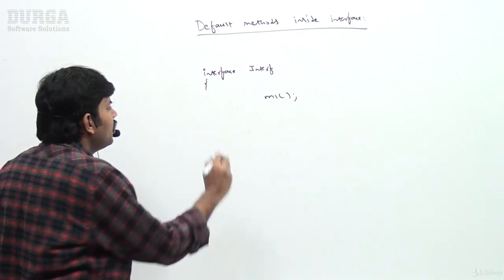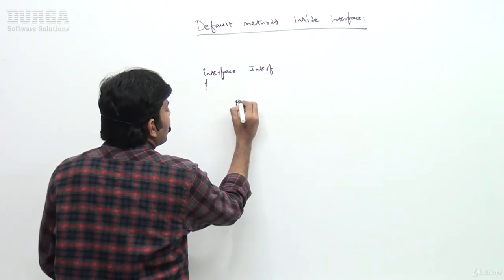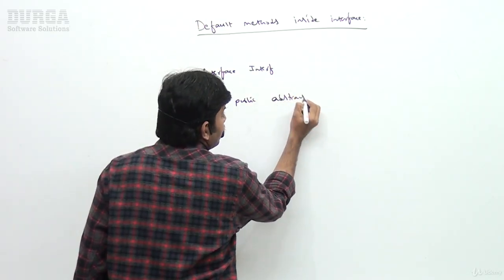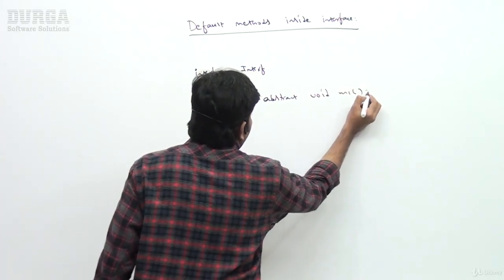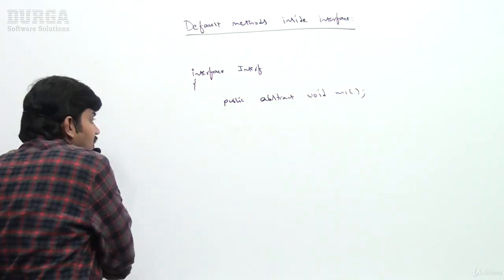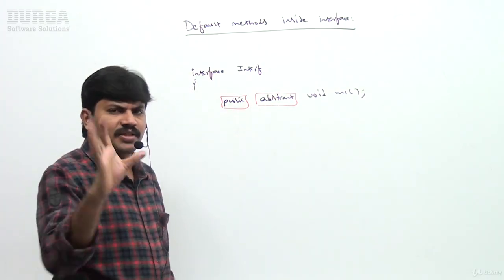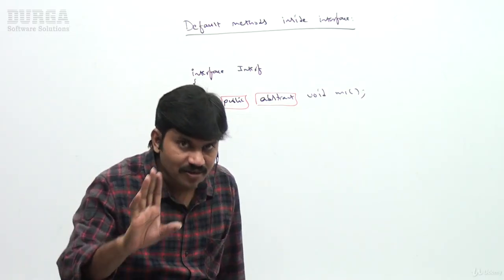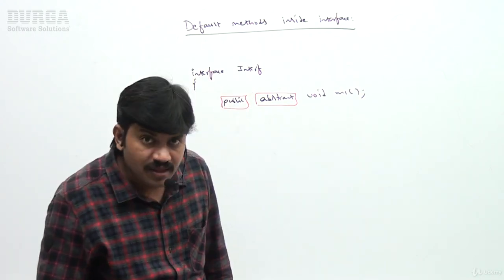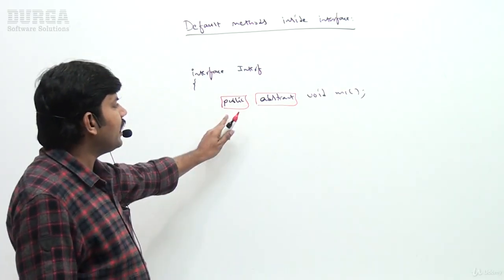Public abstract void m1. So all methods are always abstract. You can't take concrete methods inside an interface. That's why sometimes an interface is also considered a 100% pure abstract class, because it always contains only abstract methods.